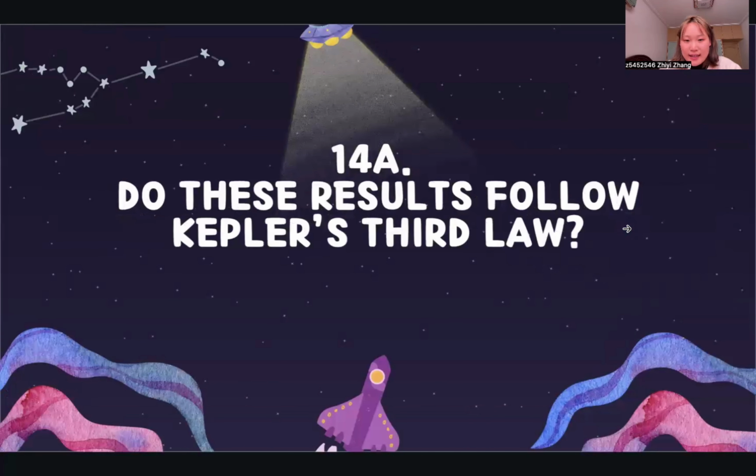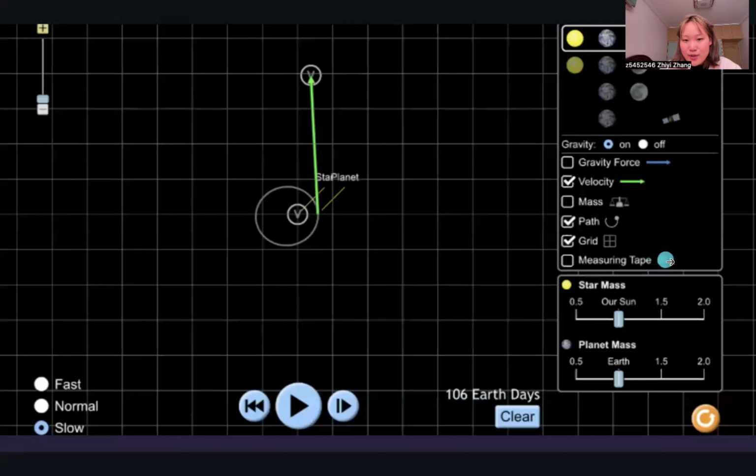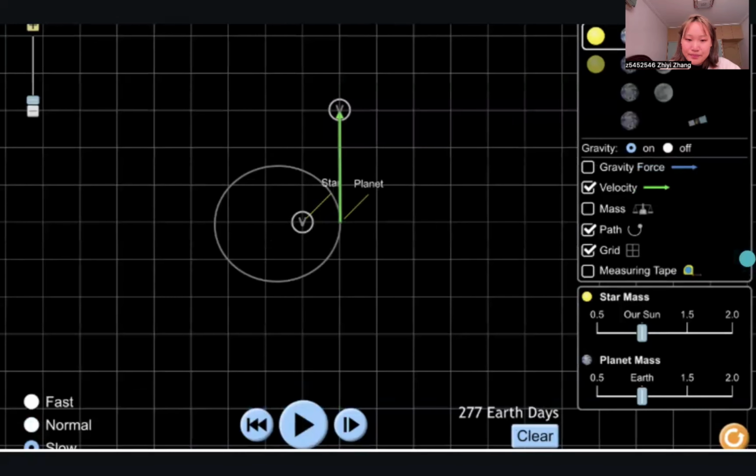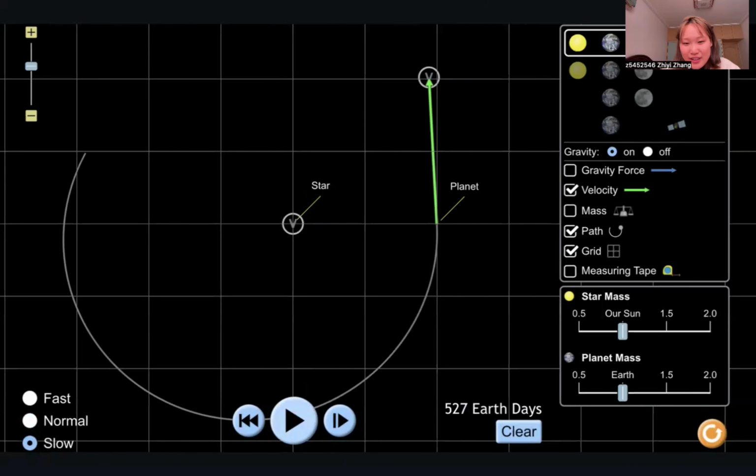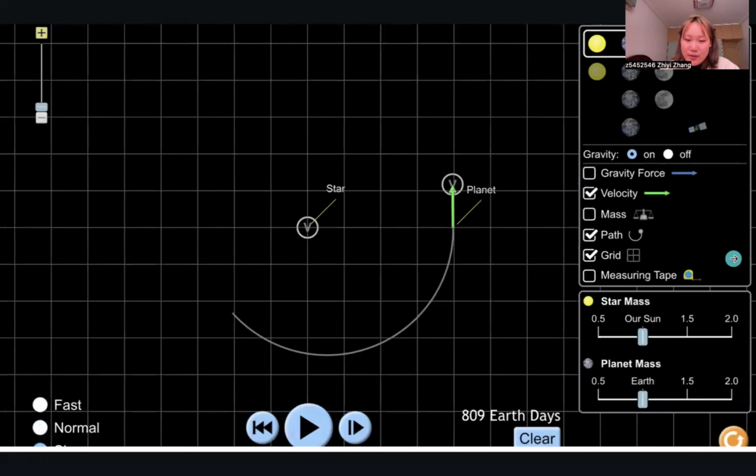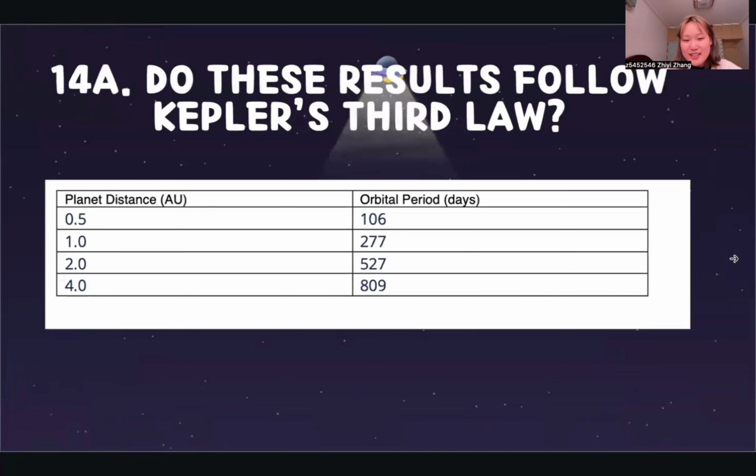For 14a, let's look at the graphs. It presents a clear trend. As the semi-major axis increases, the square of the period over the cube of the semi-major axis decreases. By Kepler's third law, which states that the square of the orbital period of a planet is proportional to the cube of its semi-major axis, the trend is a match.